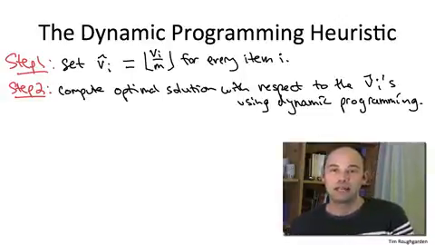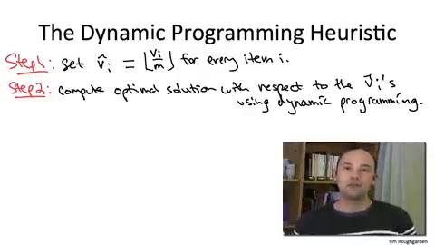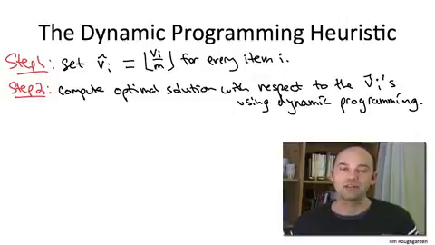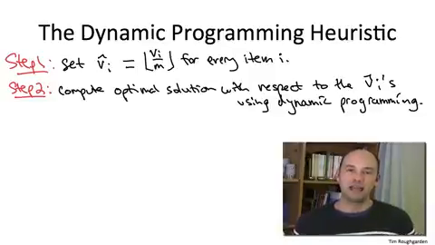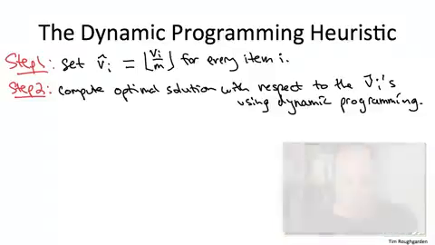Larger m, less accuracy. On the other hand, the bigger we take m, the smaller the transformed item values, the v hats. Remember, the running time of our second dynamic programming algorithm is proportional to the largest item value, so smaller item values translate to faster running times. Summarizing, the bigger the m, the less the accuracy, but the faster the algorithm.